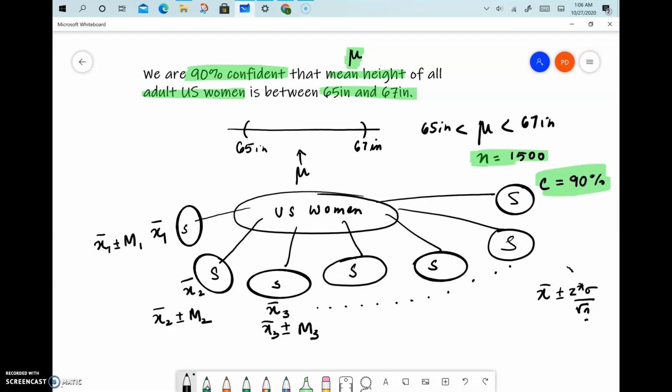N is the fixed sample size. Sigma is the standard deviation of the population, and that is also fixed, obviously. That's a number we probably know from the question, so we're going to use that. Z star comes from the confidence level C, and we use table C to find that out. So z star equals 1.645 from table C.